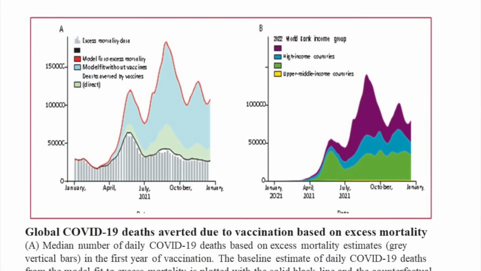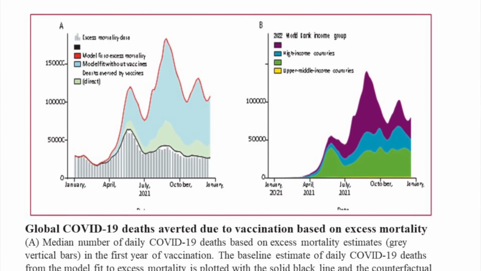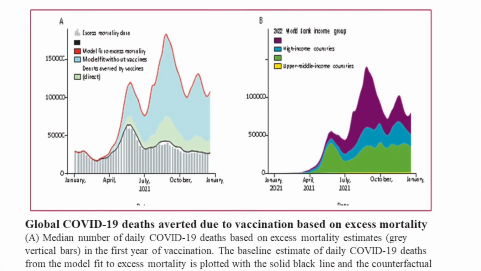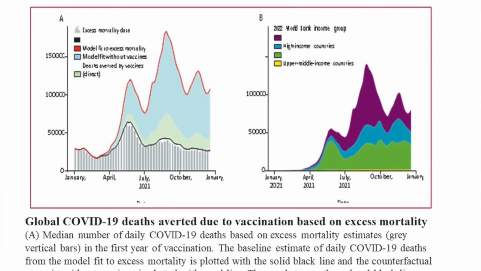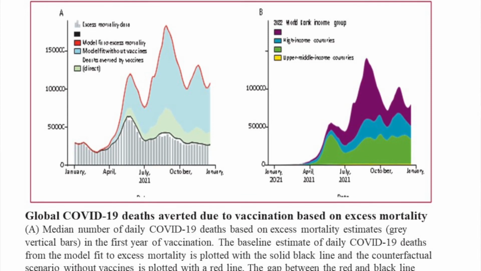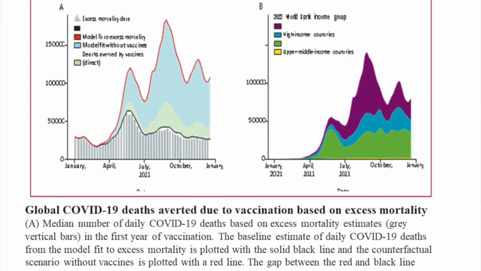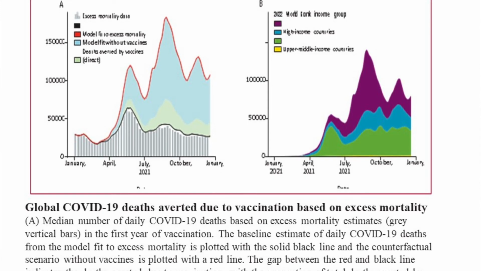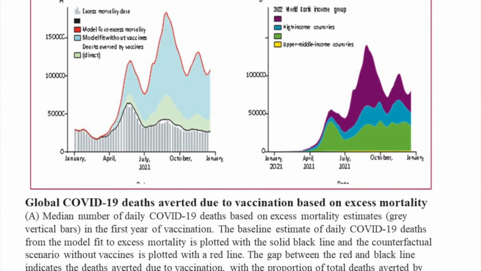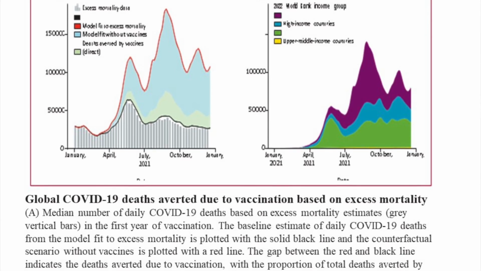They looked at various statistical techniques as well as available administrative data on mortalities, adjusting for various factors, seasonal, demographic, and country-specific approaches to report their data, to see how many deaths we might have globally averted by vaccination.